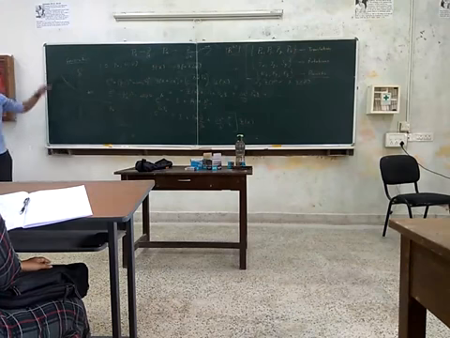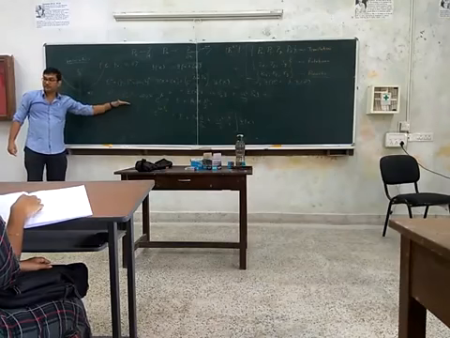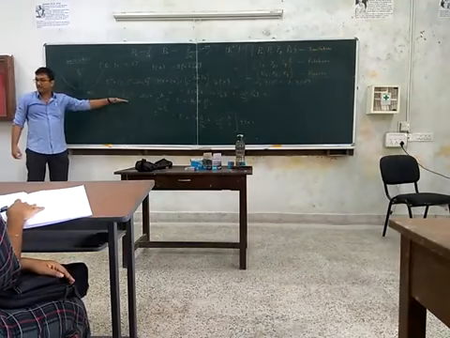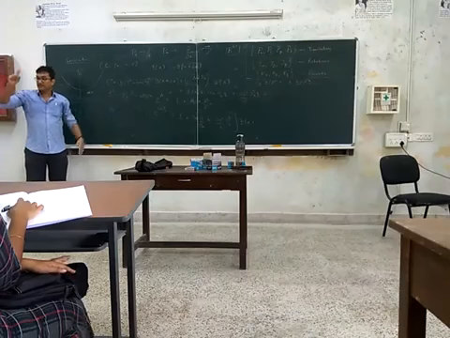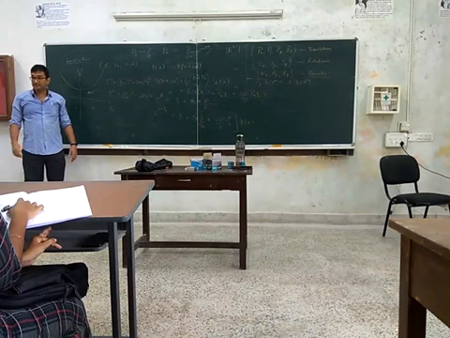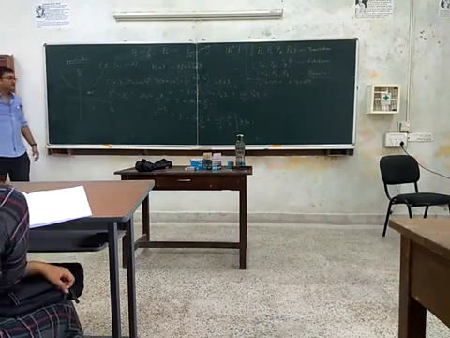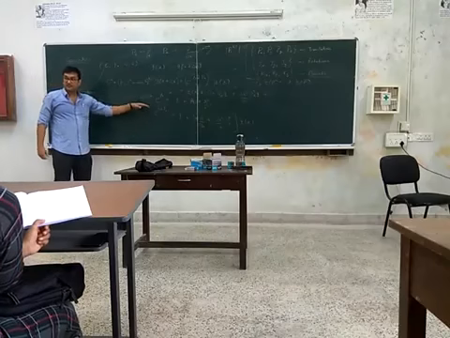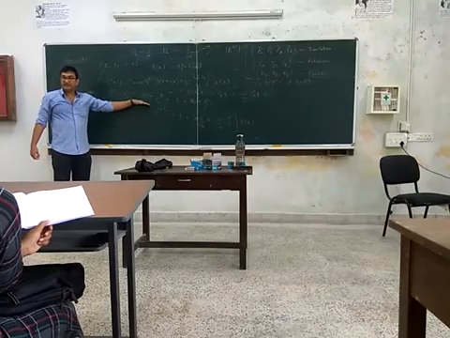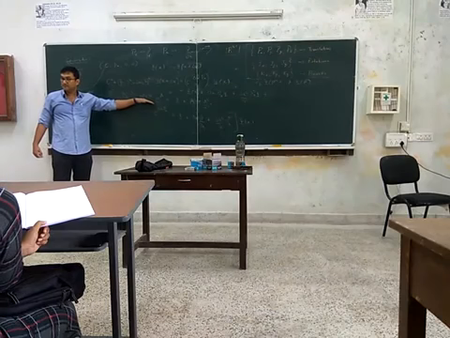This gives you a set of points, the equation of a hyperbola, something like x over a whole squared minus y over b whole squared is equal to c squared. So this is the equation that a relativistic particle of mass m satisfies.